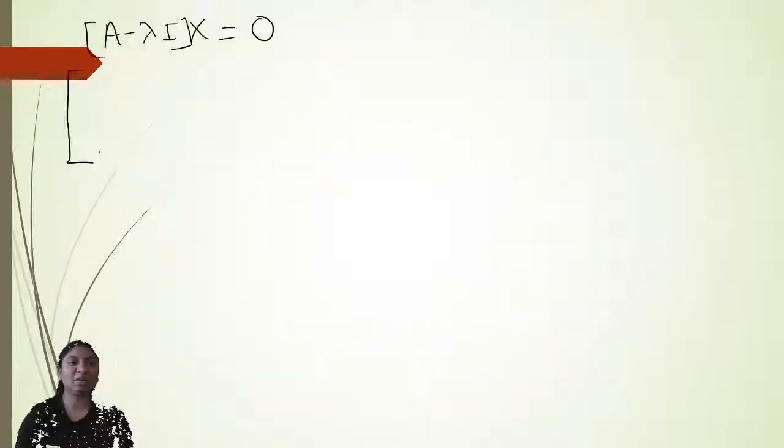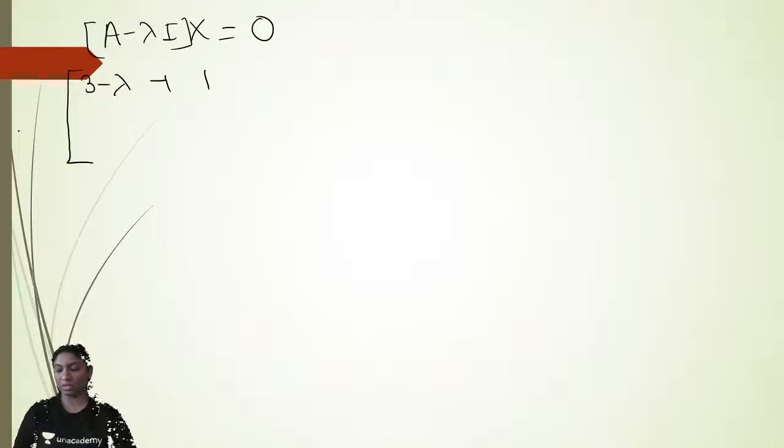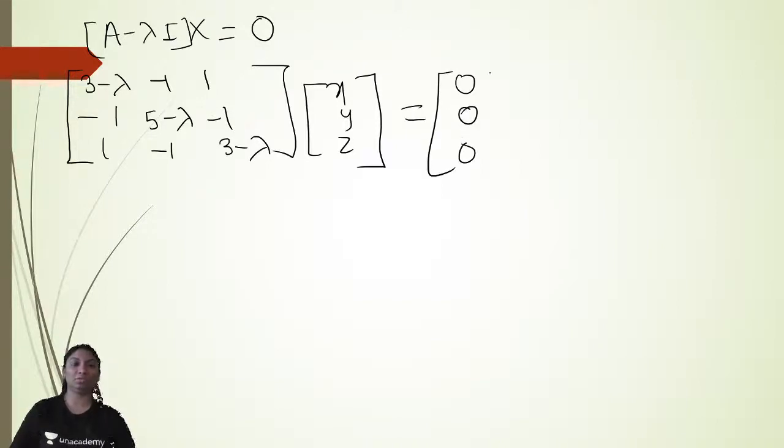Here we will get 3 minus lambda, minus 1, 1, then minus 1, 5 minus lambda, minus 1, 1, minus 1, 3 minus lambda, times x y z, is equal to 0 0 0.